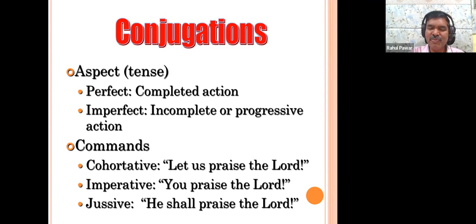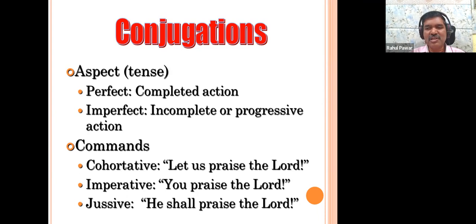So imperfect can also represent a past tense. So I will not use this sentence that perfect means past and imperfect means present. Only the context will give you a clue whether it is past, present, or future.